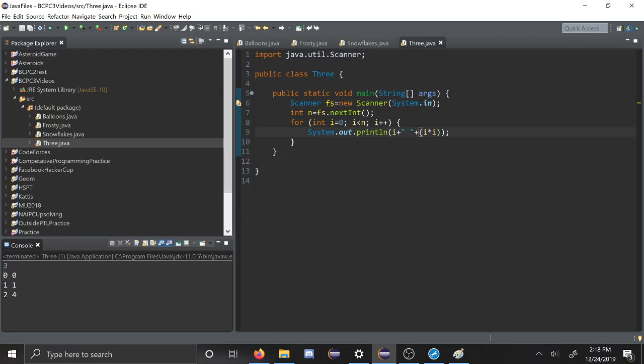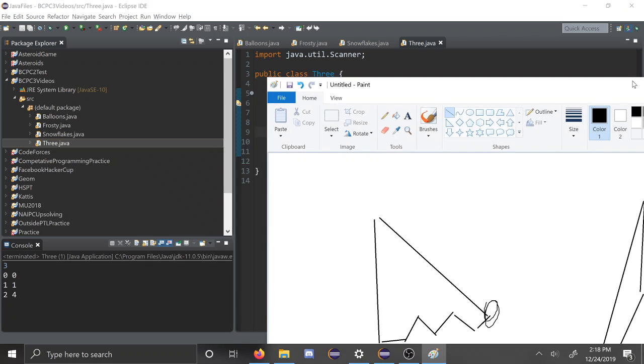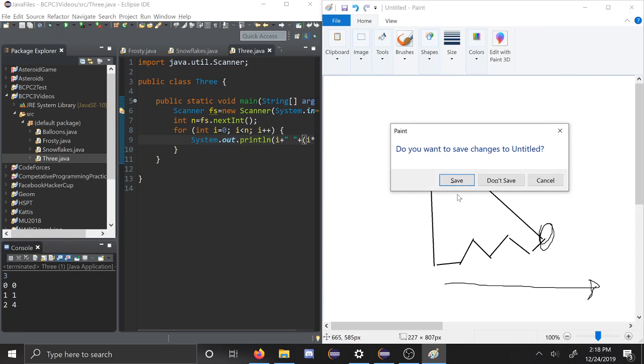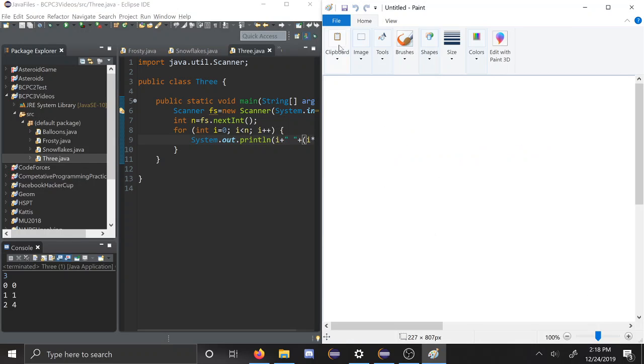Okay, so what that would look like, I'll split screen it so we can draw an example. So we have 1 point here, then we go over 1 and up 1, so we have another point here, and we go over 1 more and up 3, 1, 2, 3, point here. So this does in fact make a triangle.